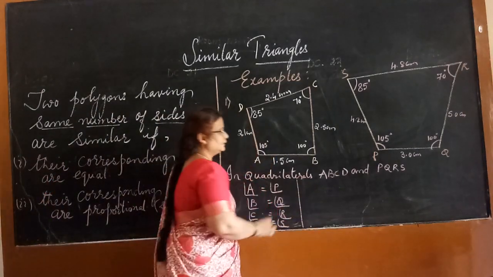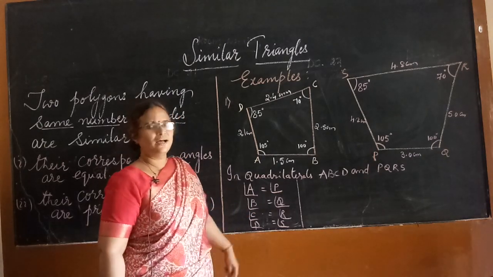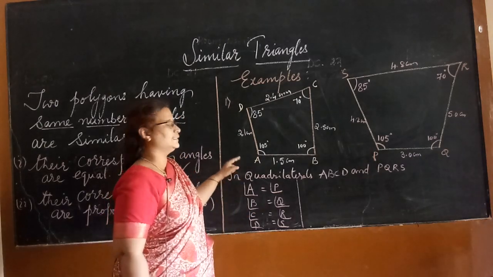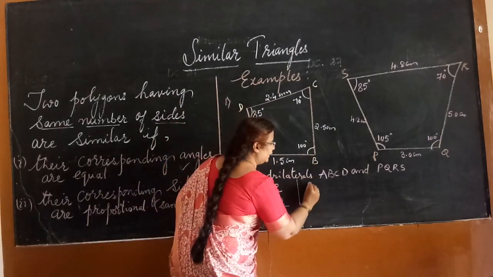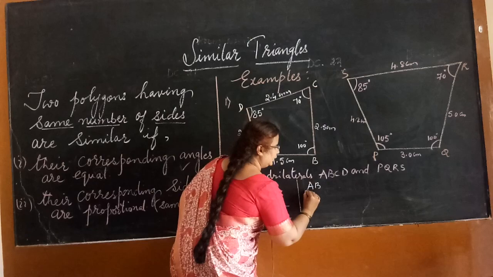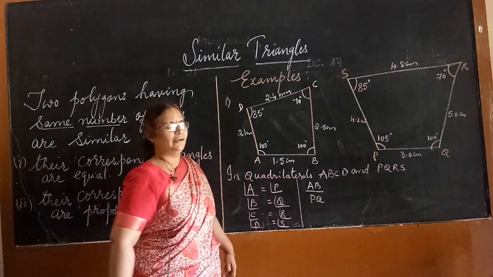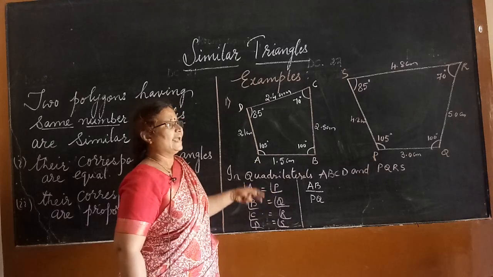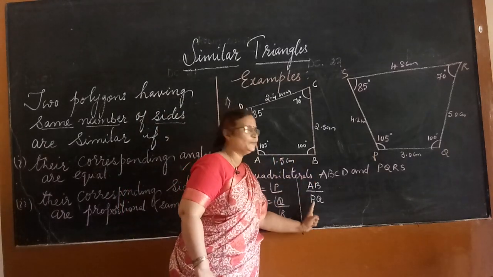Next condition is, let us check whether the corresponding side ratios are equal. The corresponding side to AB is PQ. Yesterday I had taught you how to write the ratio. It is nothing but the rational form of the sides. AB, its corresponding side is PQ.